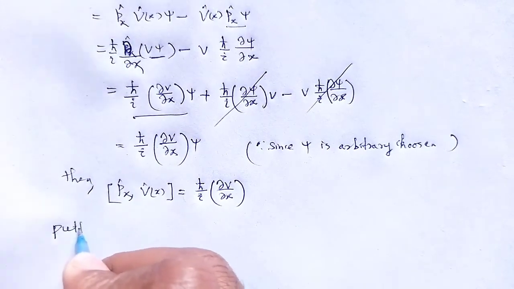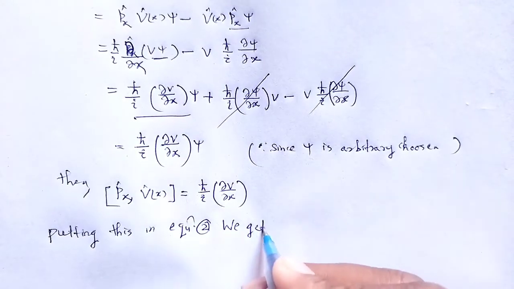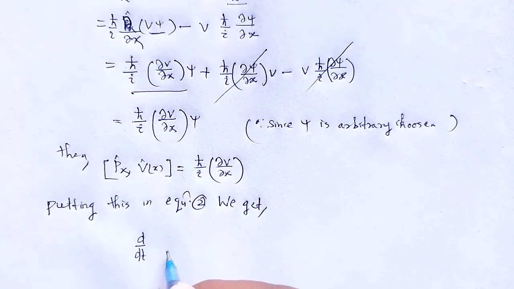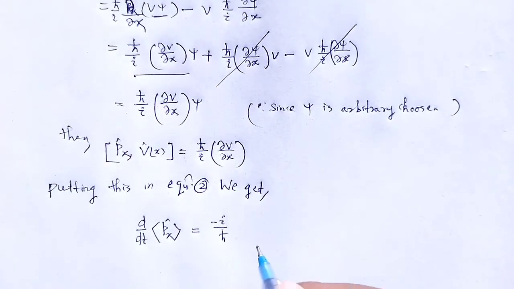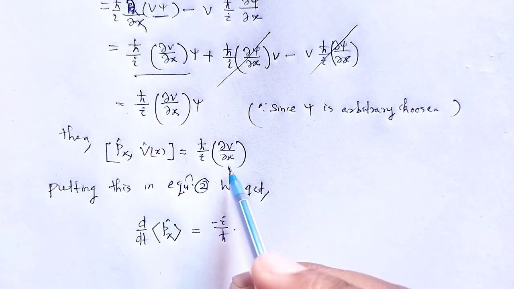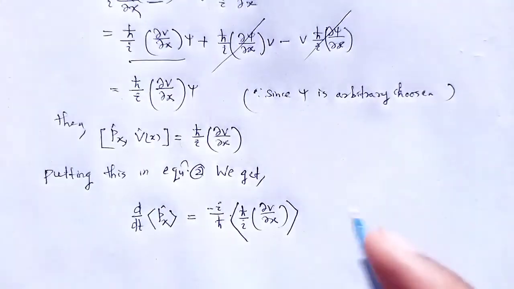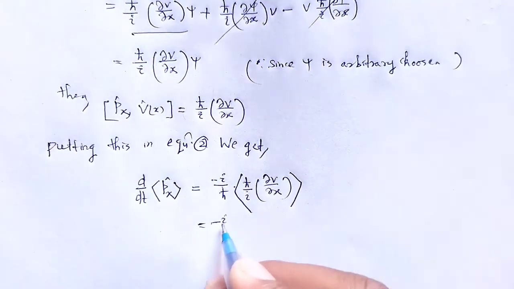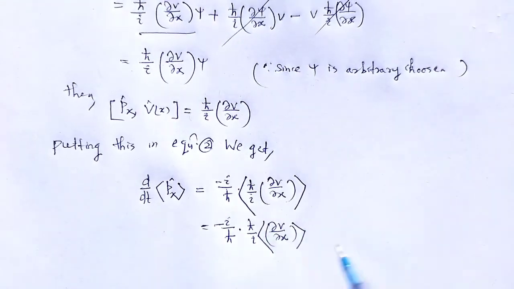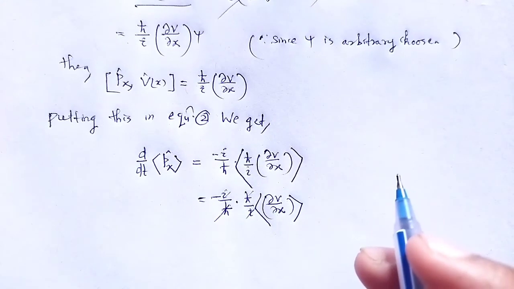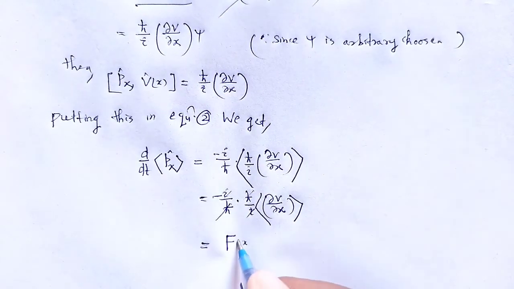Putting this in equation number 2, we get d by dt of the expectation of Px cap equals minus i by ħ into ħ by i, its expectation, ħ by i del V by del x, that is minus i by ħ times ħ by i del V by del x expectation. ħ cancels out, i cancels out, that is the negative of the potential gradient.